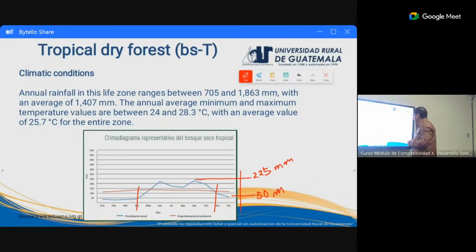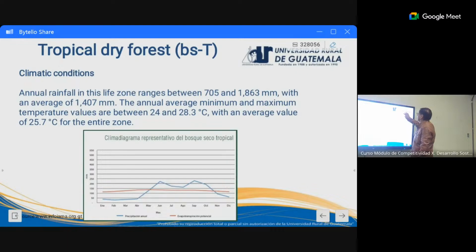So we also have the red line here that represents the potential evapotranspiration, and the value is an average of, let's say, 125 millimeters. Okay, let's go ahead.